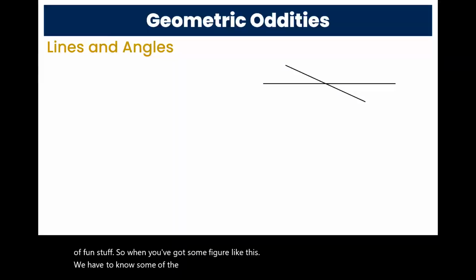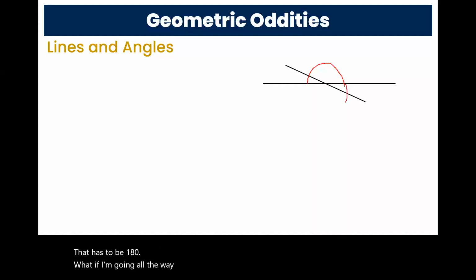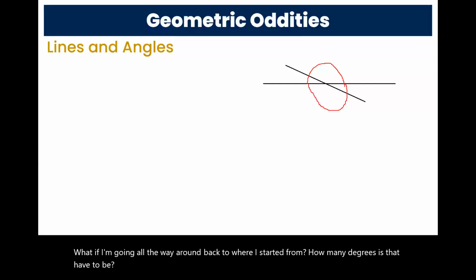So if I'm looking from a straight line to a straight line, how many degrees is that going to be? That has to be 180. What if I'm going all the way around back to where I started from? How many degrees does that have to be? 360.